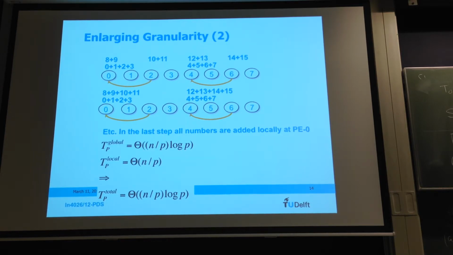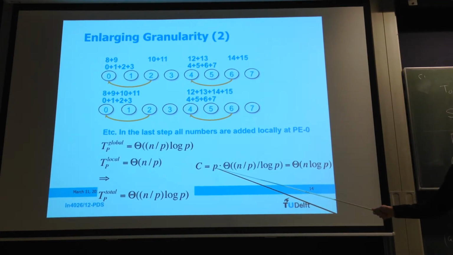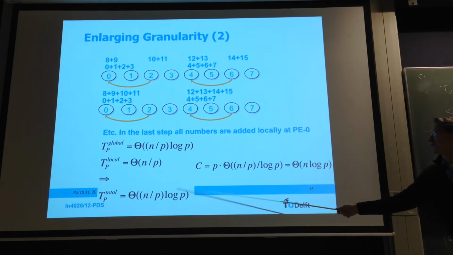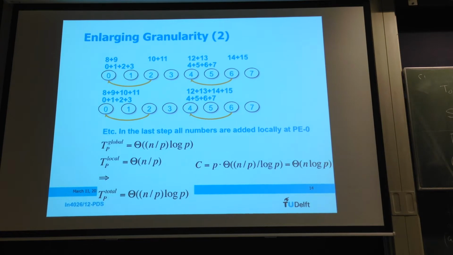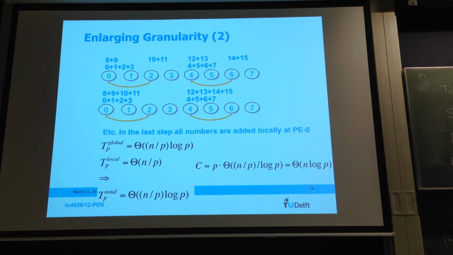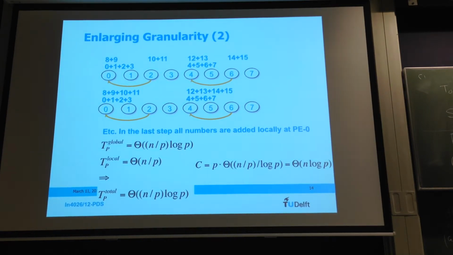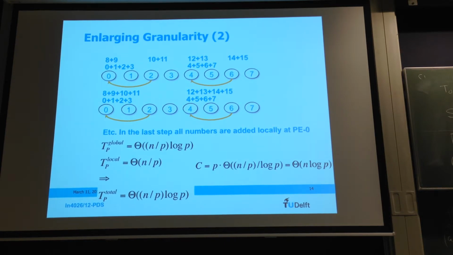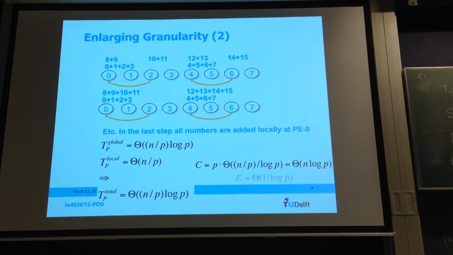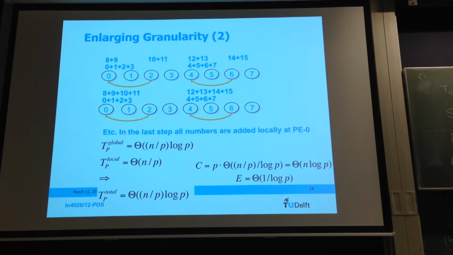Now the question is, is this optimal? Well, if we calculate the cost, which is p times the parallel execution time, we see that now the cost is equal to n log p. Meaning that the efficiency is now 1 over log p.